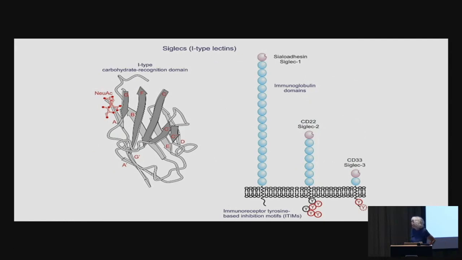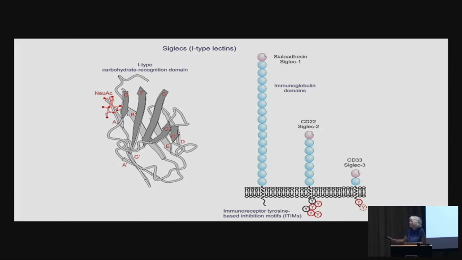The next big group are the Siglecs, sometimes called I-type lectins, because these all contain immunoglobulin-like domains. You'll hear a lot more about these in the next talk, so I won't say very much about them. They're all membrane-bound receptors with one Ig domain at the end, which recognizes sialic acid.